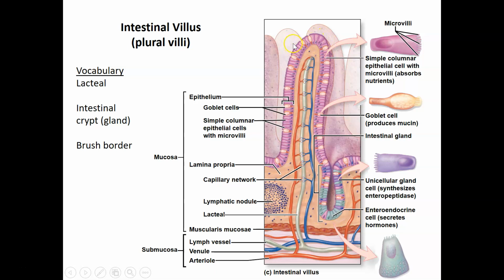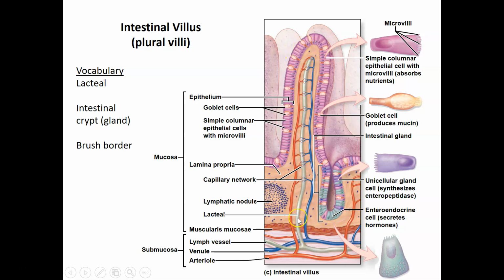Those cells are specialized to latch on to nutrients and transport them across the wall, the epithelium, into the lamina propria. The epithelium pokes out and the lamina propria also pokes out, so the finger-like projection. And then within the lamina propria are blood capillaries that can absorb anything that gets taken in across the epithelium.